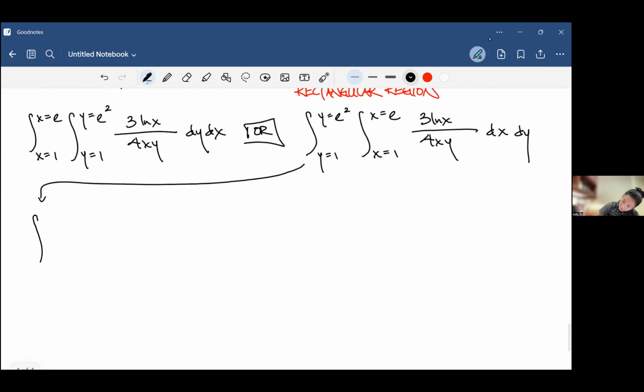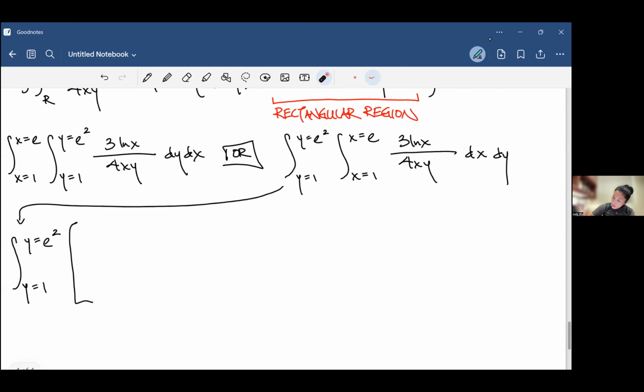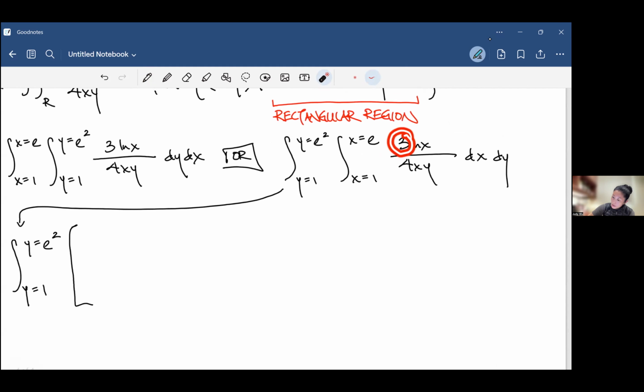I've got the integral of y equals 1 to y equals e squared. And I'm going to go ahead and pull out some constants just to make this look a little bit less messy, okay? So I'm going to go ahead and take the 3 on the top out, the 4 on the bottom out, because those are constants, but I'm also going to take the y out of that first integral.